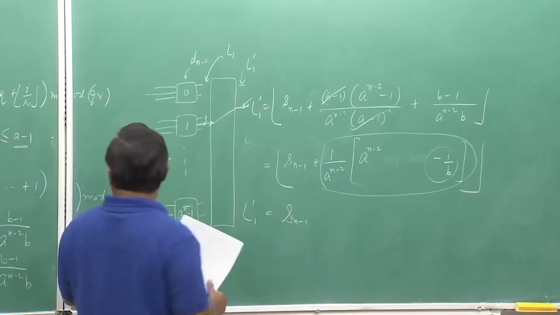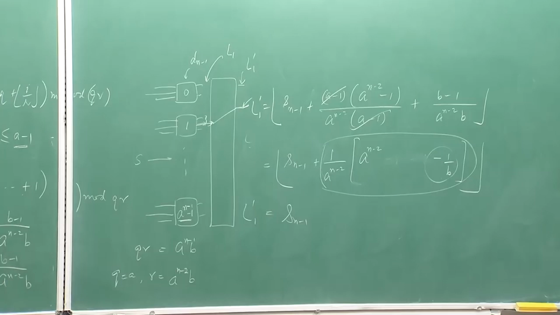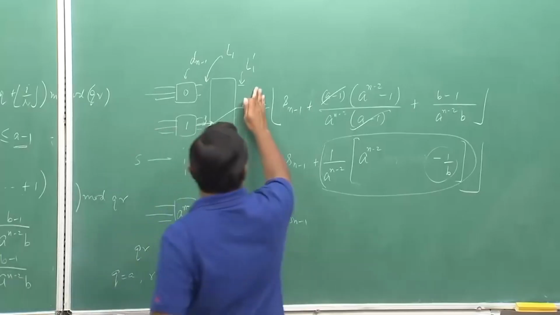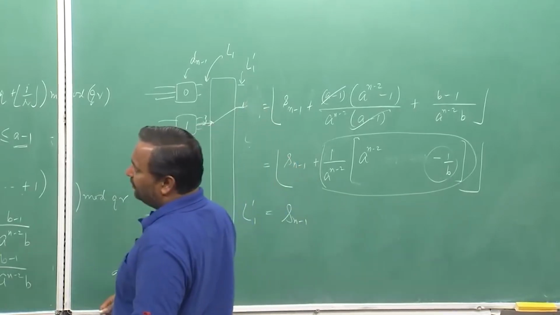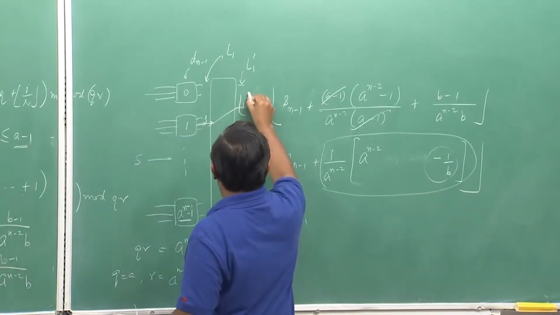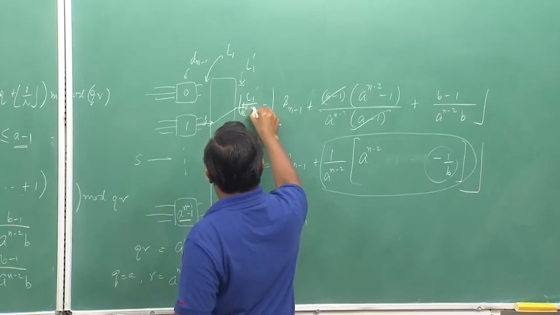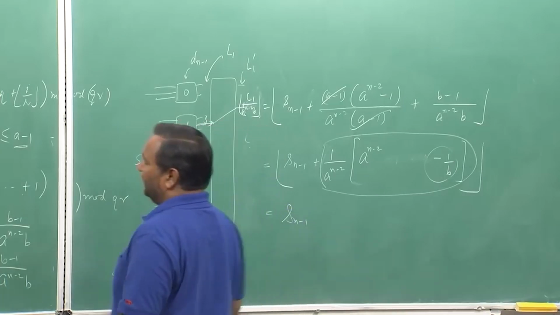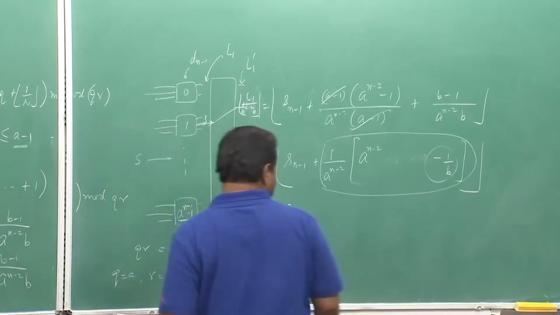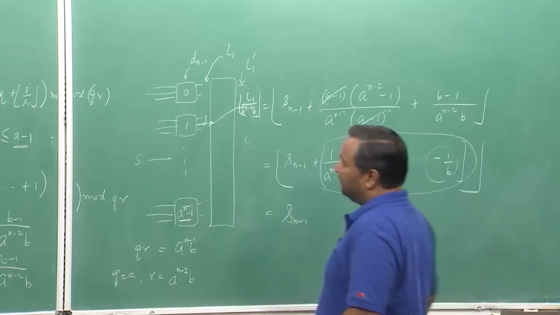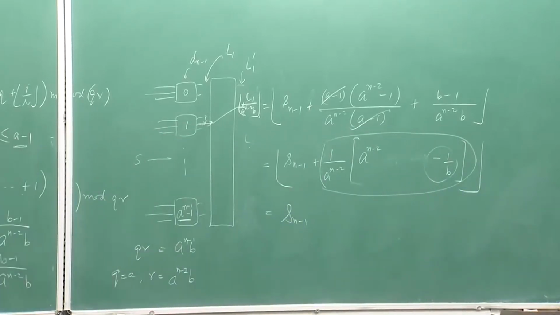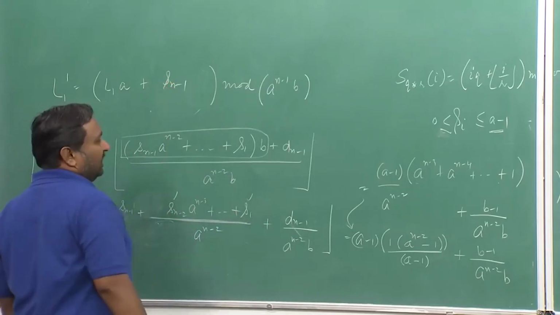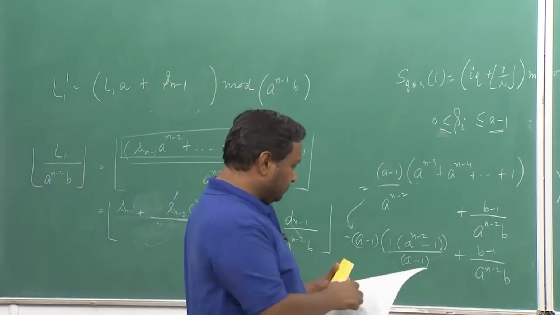Okay. So, that is what will be the L1 prime, sorry, that is not L1 prime, that is only this particular component, L1 by this value. So, I can now replace this thing by s n minus 1 which comes from there.